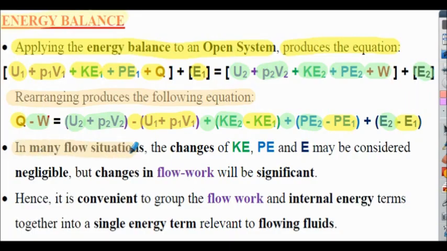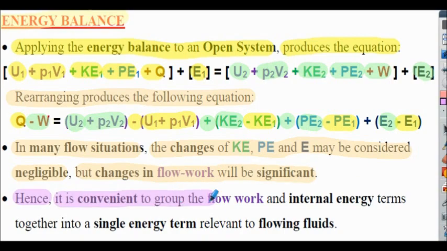In many flow situations, the changes of KE, PE and E may be considered negligible, but the change in flow work will be significant. Hence, it is convenient to group flow work and internal energy terms together into a single energy term relevant to flowing fluids.